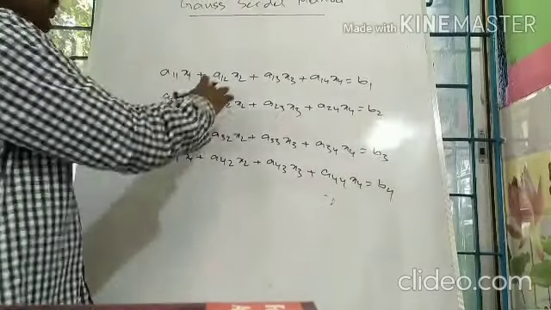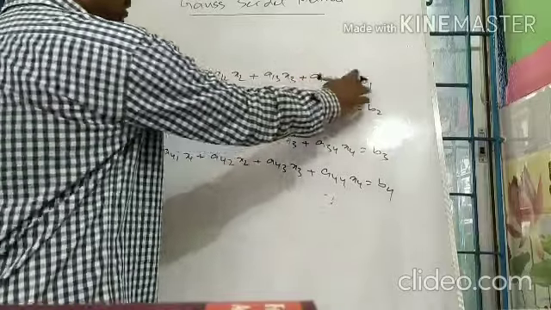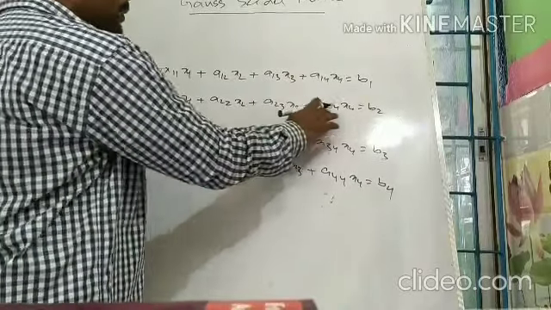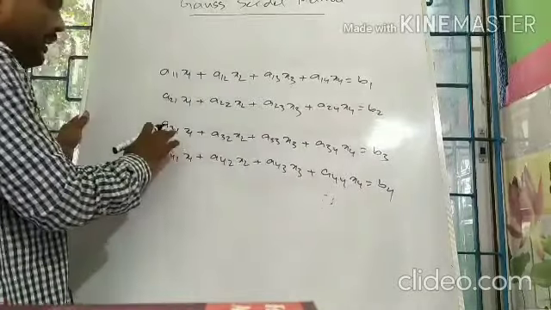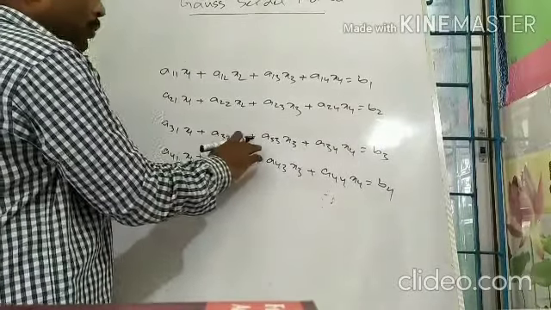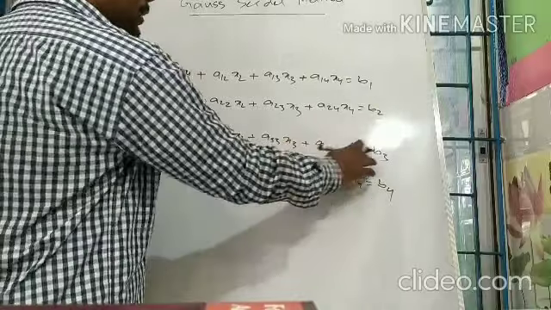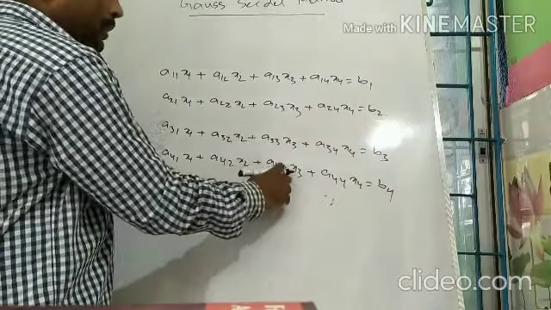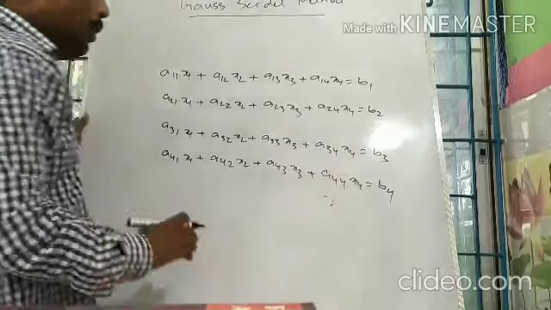a11 x1 plus a12 x2 plus a13 x3 plus a14 x4 equals to b1, a21 x1 plus a22 x2 plus a23 x3 plus a24 x4 equals to b2, a31 x1 plus a32 x2 plus a33 x3 plus a34 x4 equals to b3, a41 x1 plus a42 x2 plus a43 x3 plus a44 x4 equals to b4.